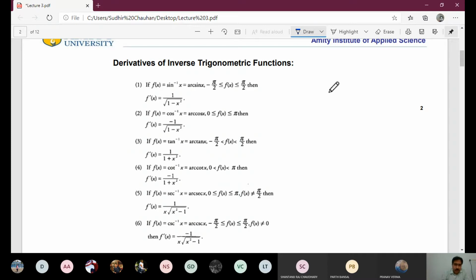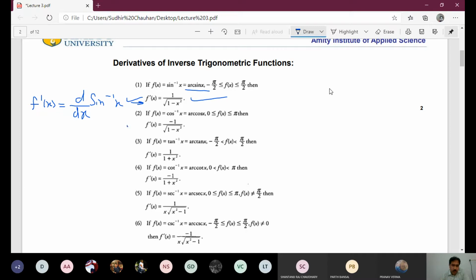If f(x) is sine inverse x, or you can say arc sin x, then its differential, that is d by dx of sine inverse x, that will be equal to 1 by under root 1 minus x square.